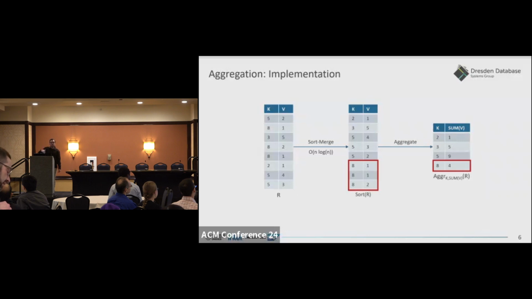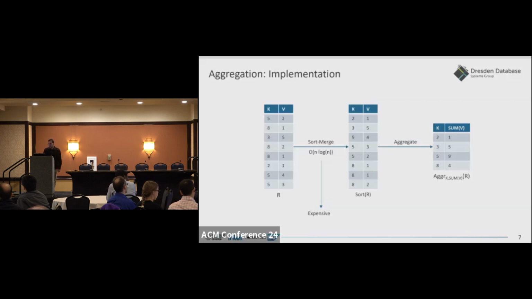So you can just go through the table and aggregate them on the fly very easily. Now, the inefficiency with this is that sorting is expensive. So you want to sort as little data as possible.